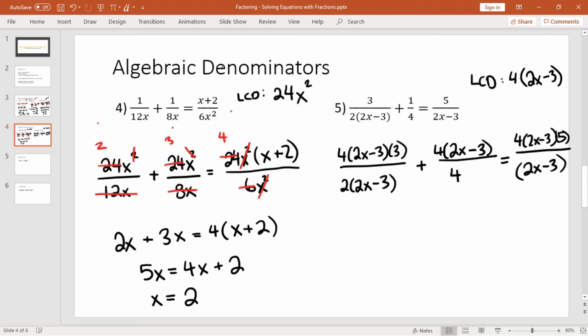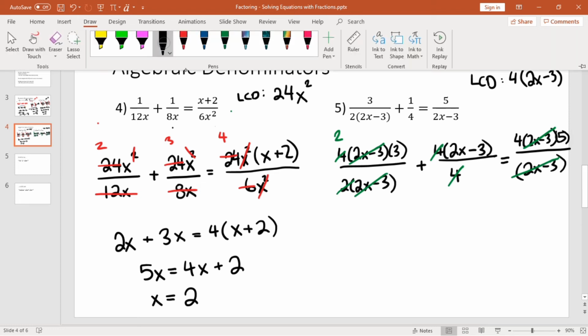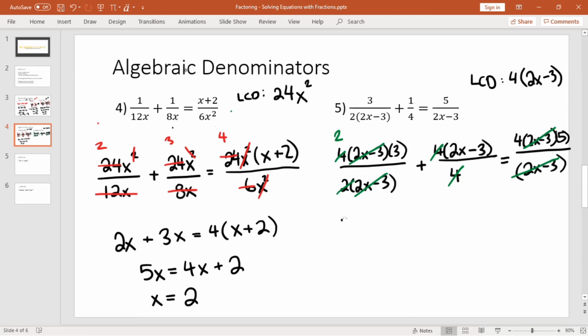Canceling green. So we know we're going to get rid of it all. Cancel, cancel. Changes to a 2. We're just going to get rid of the 4s. And here we're just going to get rid of the binomials. So we're going to have, I'm going to write it as step still, and then we have that 2x minus 3, bracket it for the moment, don't really need to, and on the other side we have 4 times 5.